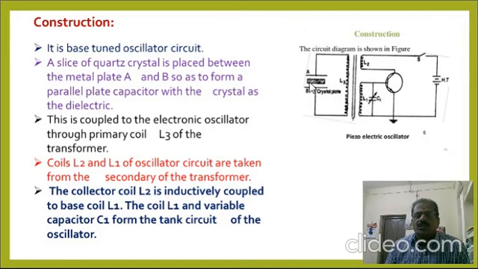We can change voltages and current, by which we can change the frequency of the charges produced on plates A and B. So by this we can produce the ultrasonic waves.